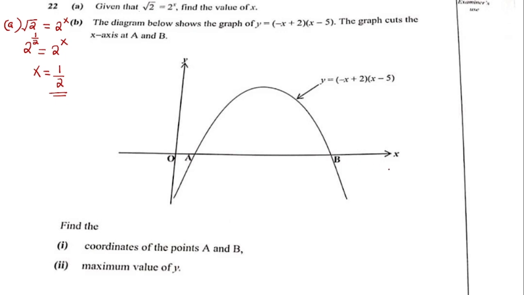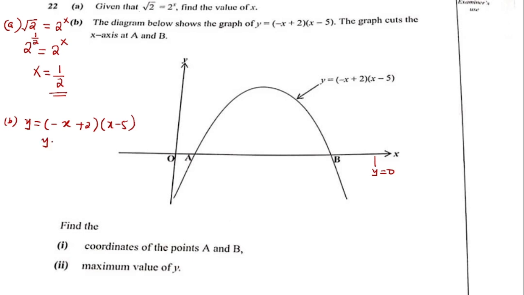Now where A and B are, on this line there, which is the x-axis, the value of y is equal to 0. Okay, so when we get our equation there, which is y being equal to negative x plus 2, then x minus 5.